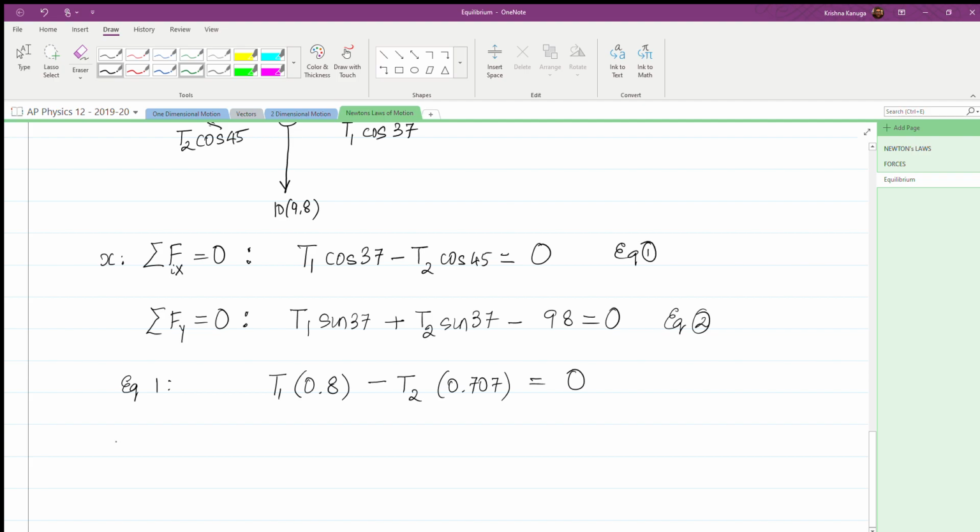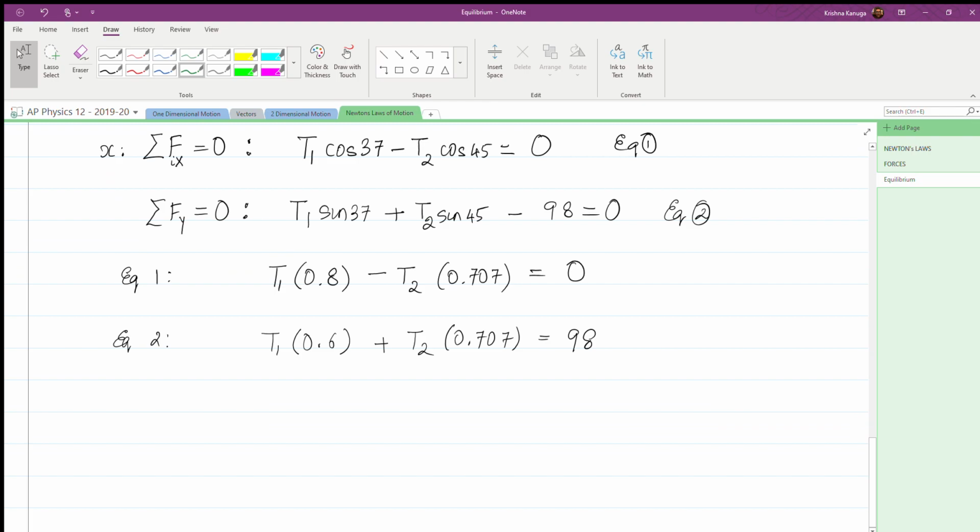And we can rewrite equation 2 as T1 times sine 37, which happens to be around 0.6, plus T2 times, oh, I do have a mistake up here. So this should have been T2 sine 45. Oh, my bad. So T2 times 0.707 again, and all this is equal to 98.